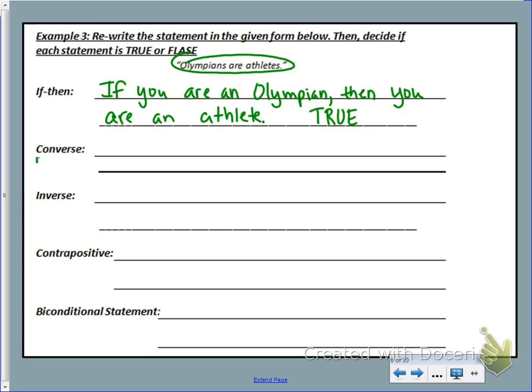Converse is like the reverse. It's where we switch the if with the then. So we're just going to simply make a switch of the if and then. Well, our initial if-then statement is located right here. So we're just going to switch the if with the then. So we're going to start here, and we're going to say if you are an athlete, then you are an Olympian.